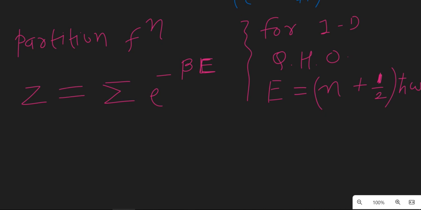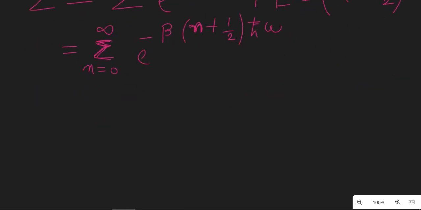Now substitute the value of energy here, so you will get the summation of e raised to minus beta, and instead of E I put (n + 1/2) h-cut omega, and this sigma operates on n. I put the limit of n here, that is n from 0 to infinity.